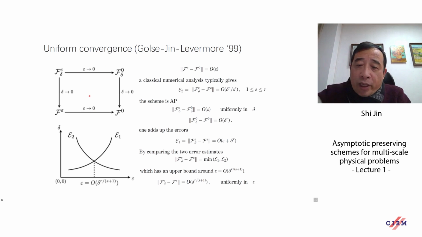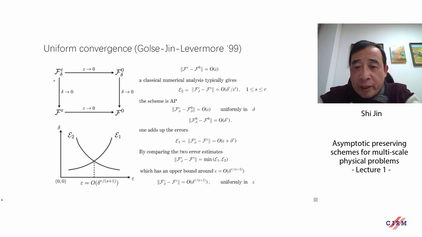And this is a diagram which you have probably seen a lot. Essentially, this is why this kind of idea works. Suppose I have a microscopic model, F epsilon, depending on a small parameter epsilon. When epsilon goes to 0, I get a macroscopic equation. For example, if this is the Boltzmann equation, when the Knudsen number goes to 0, I get the Euler equation. Now I discretize this equation with a numeric parameter delta.